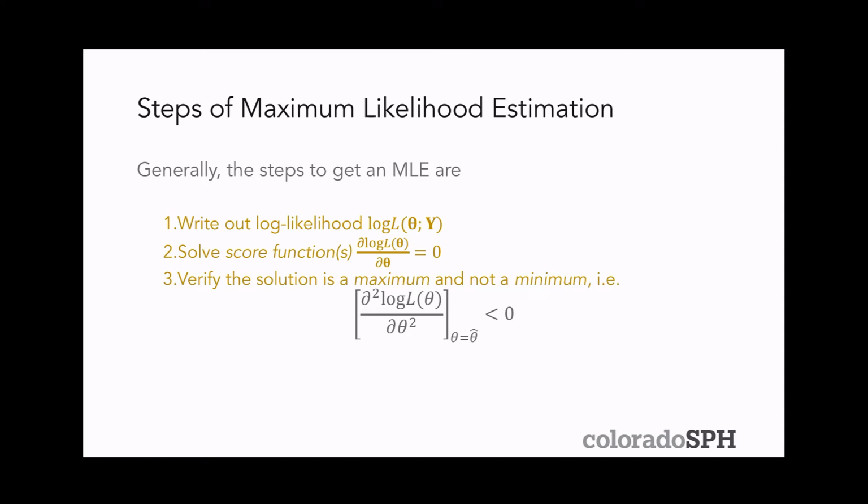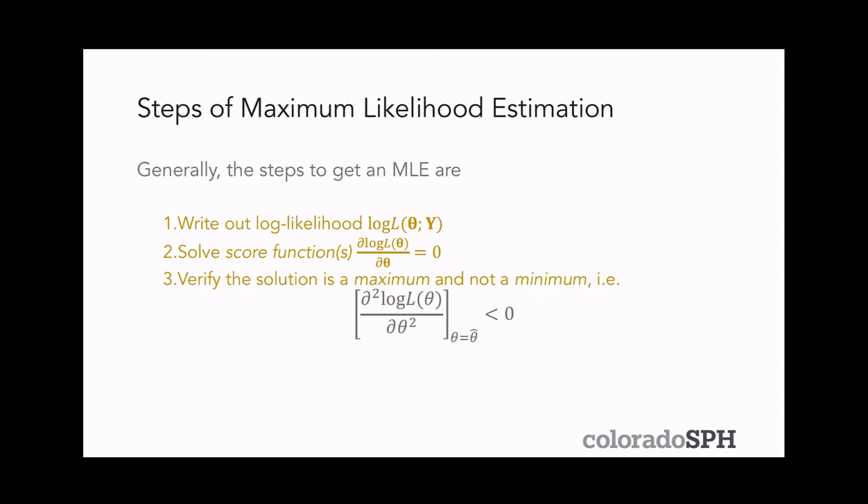In the case of the log likelihood, the first derivative is called the score function, or functions. You'll have one score function if theta is scalar, and multiple if theta is a vector. So you'll have a score function for each of the different components of theta.